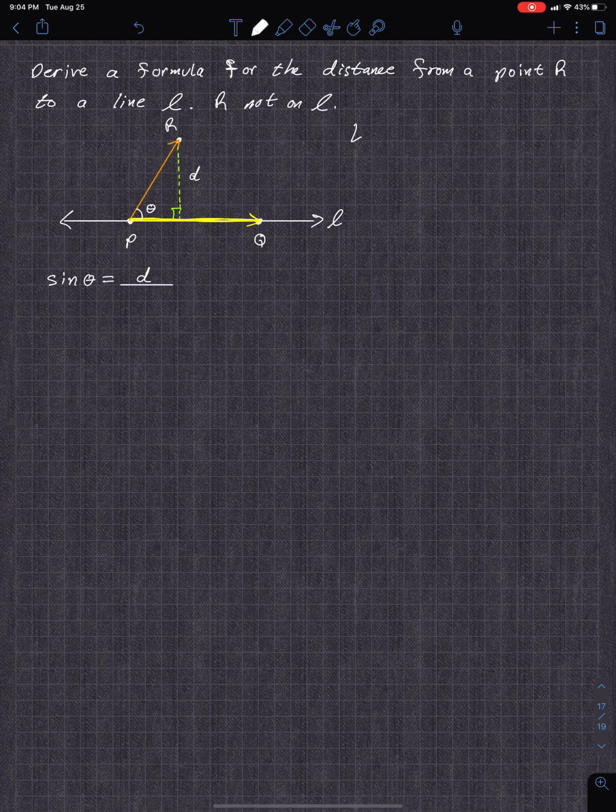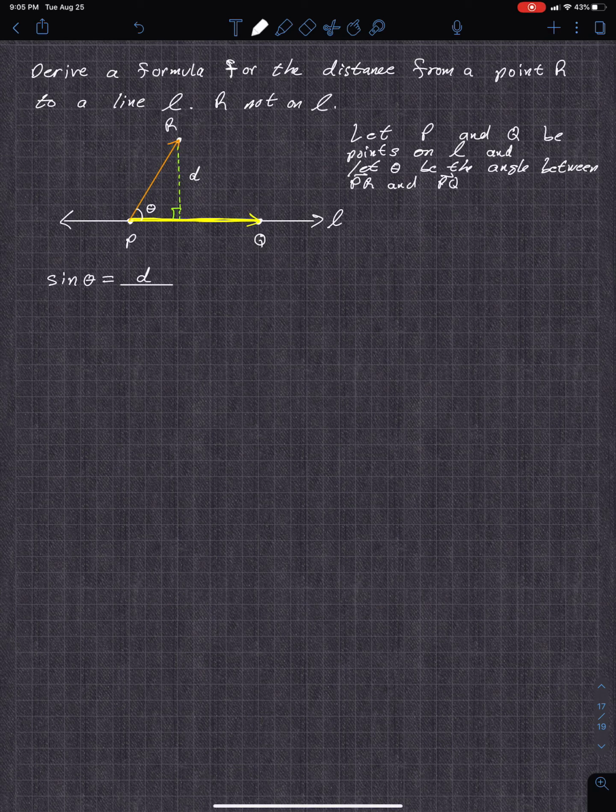So we're going to say let P and Q be points on L, and let theta be the angle between the vectors PR and PQ.